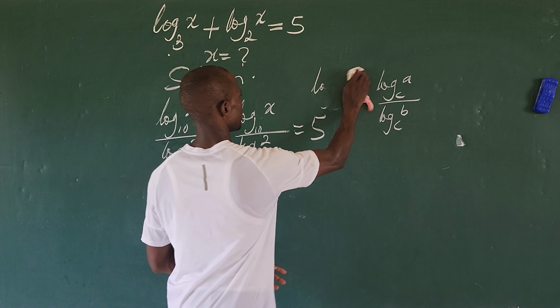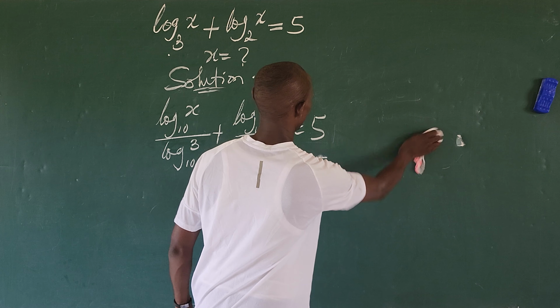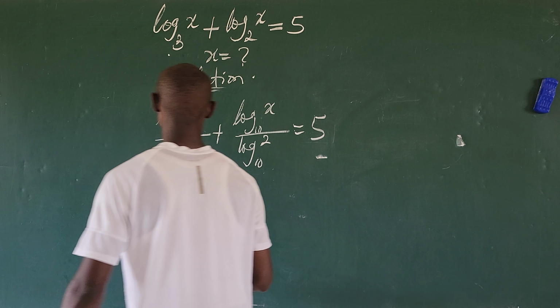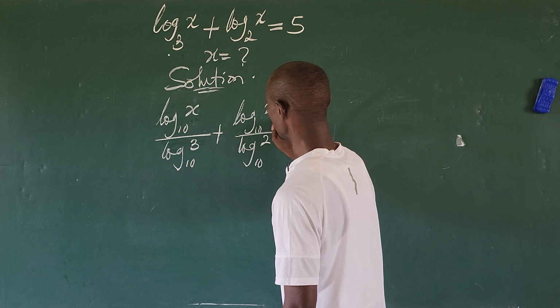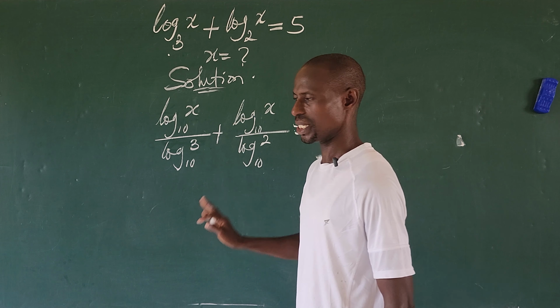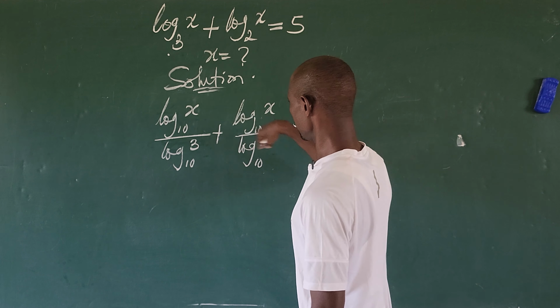All right, so let's erase this. Now from here, we can factor out log x base 10 because it's common to both expressions.